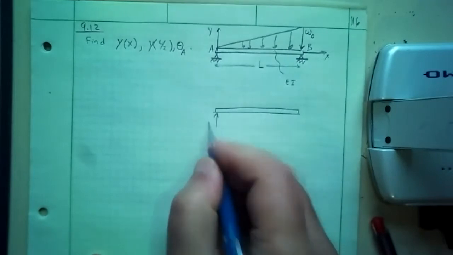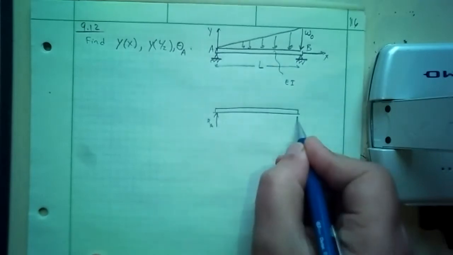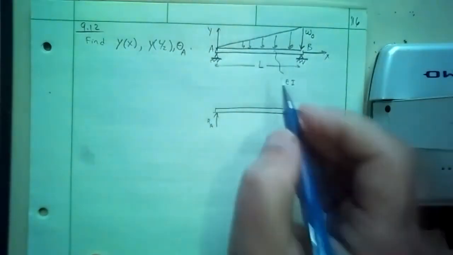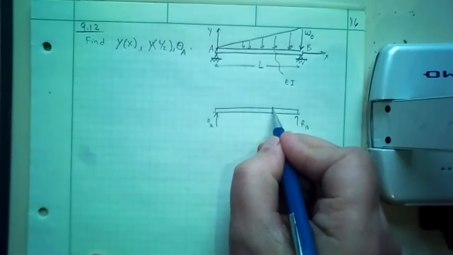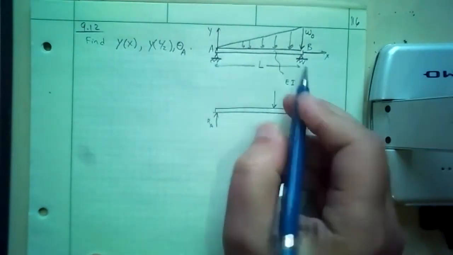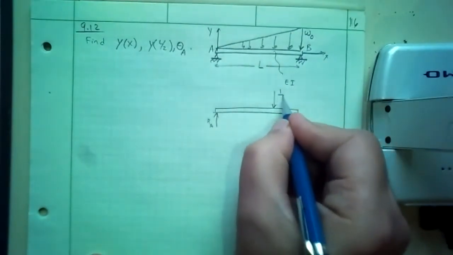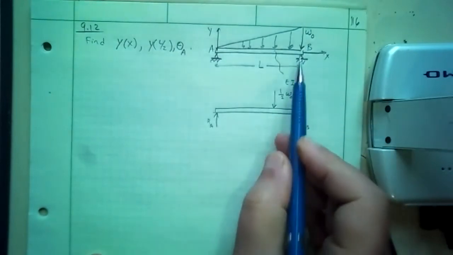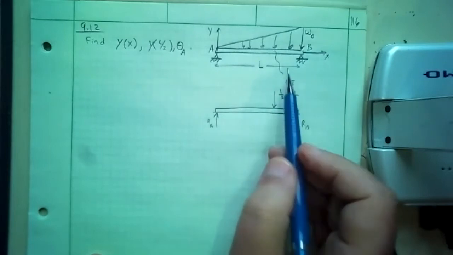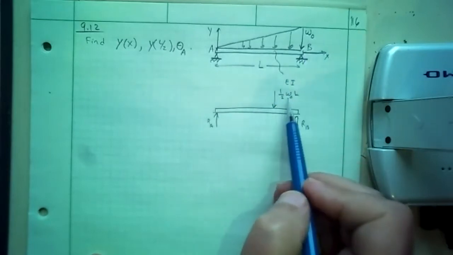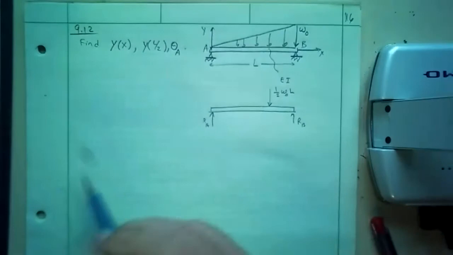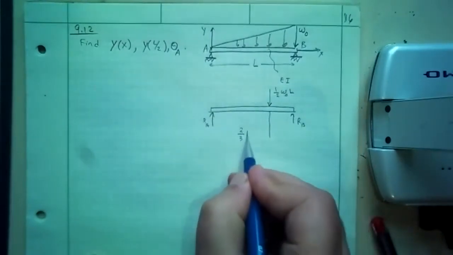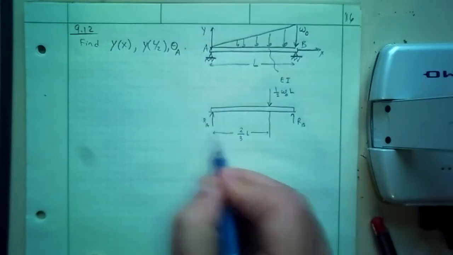We have a reaction at A and a reaction at B. The load is equivalent to a concentrated load equal to the area of this triangle, which is half the base times the height. It is applied at 2/3 of the length, at the centroid.